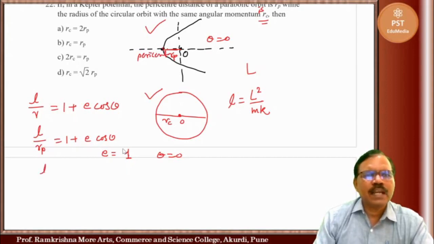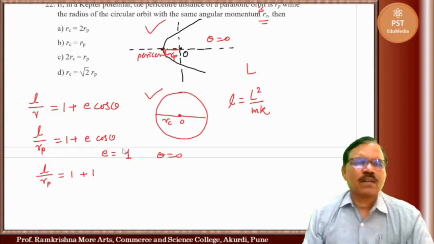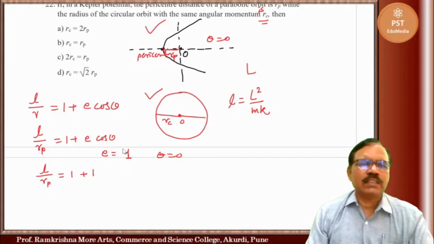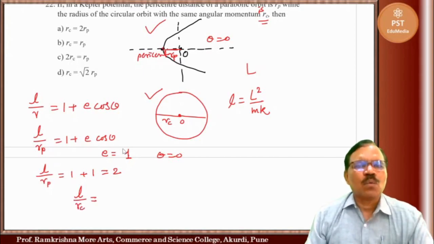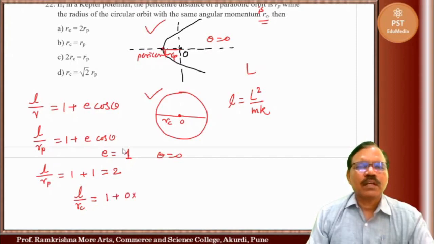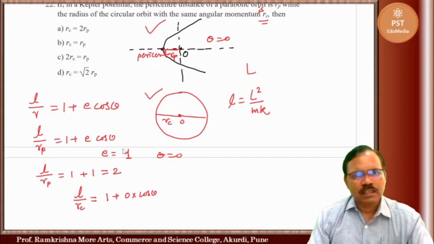So we get l upon rp is equal to 1 plus 1 times cos theta, where cos theta is 1. So we got 2. Now for the circular orbit, we have l upon rc is equal to 1 plus 0 into cos theta, because e is 0 for a circle.